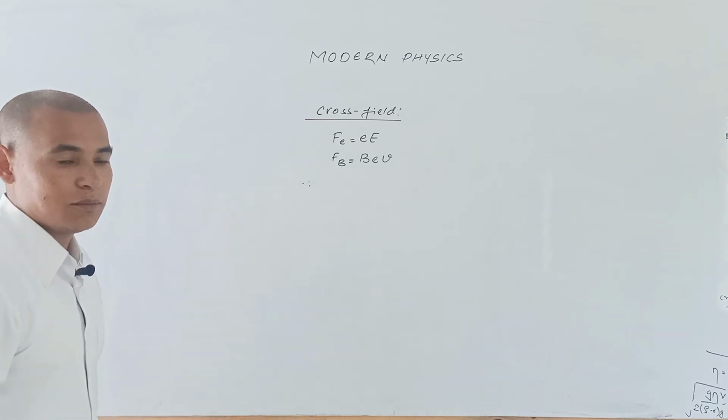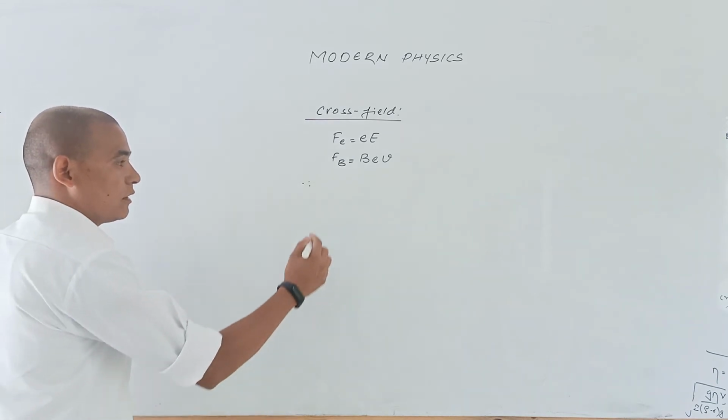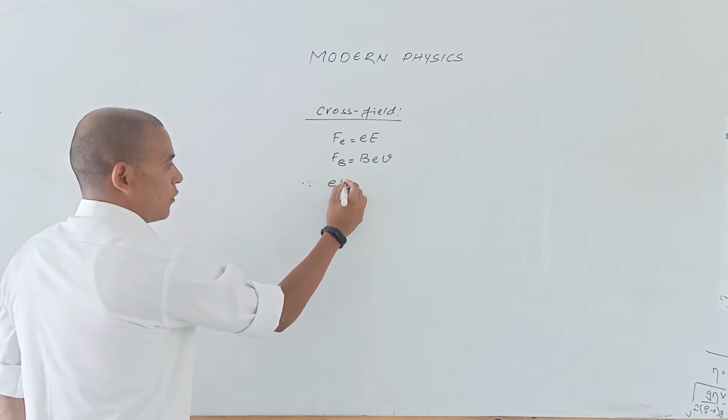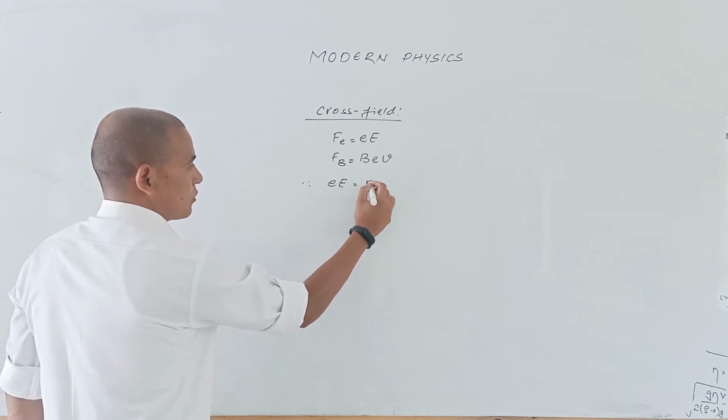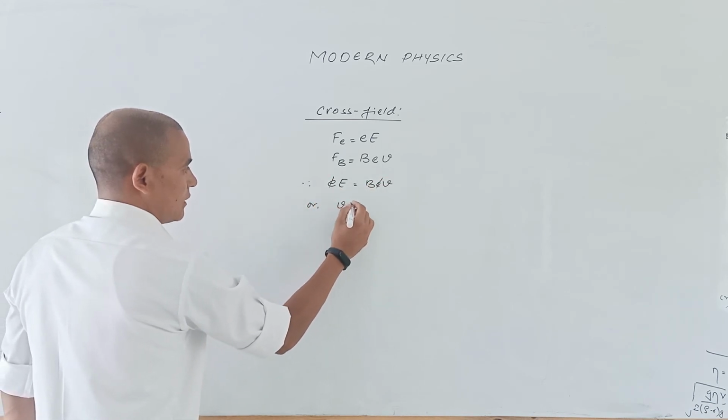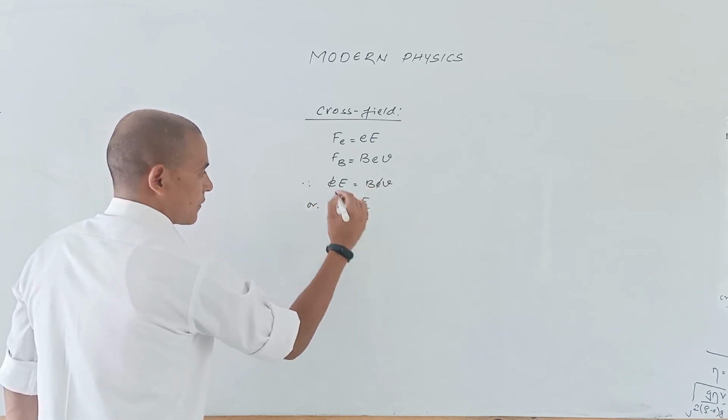When an electron moves through the cross field without getting deflected, in a straight path, the force due to the electric field will be equal to the force due to the magnetic field. So we can calculate the velocity of an electron.